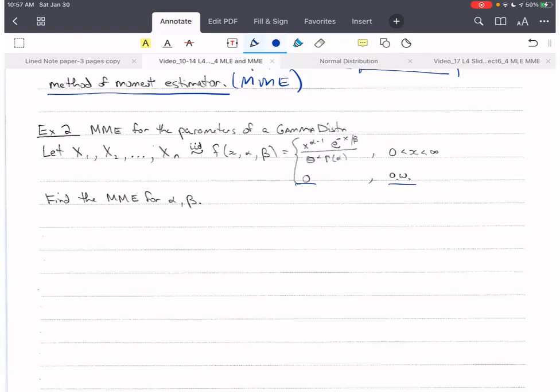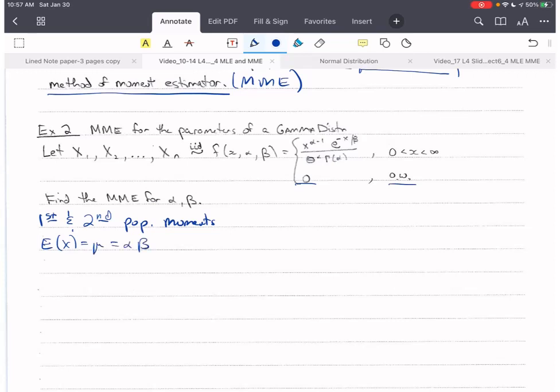So we have two unknown parameters, and we need the first and second population moments. Remember that E of X for the gamma is equal to mu, which is alpha times beta.